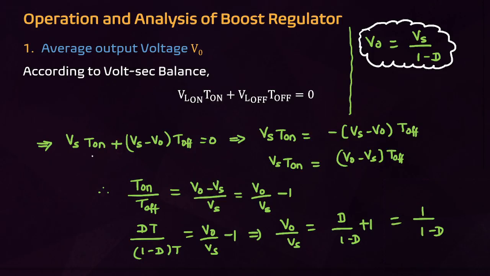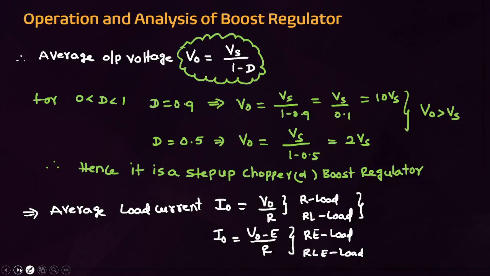Next, what is the average output voltage, friends? In the case of boost regulator or step up chopper, average output voltage equals Vs by 1 minus D. In the chopper, V naught is greater than Vs. Why is the name given as step up chopper? Because V naught is greater than Vs. In a step down chopper, V naught is less than Vs, friends.